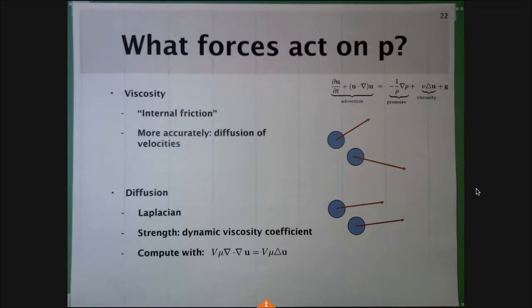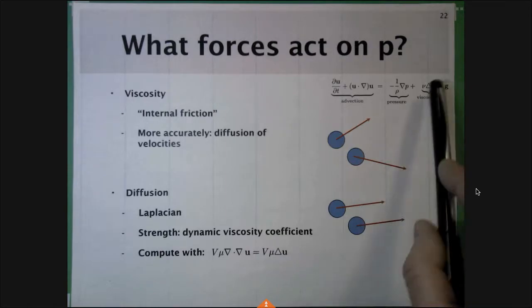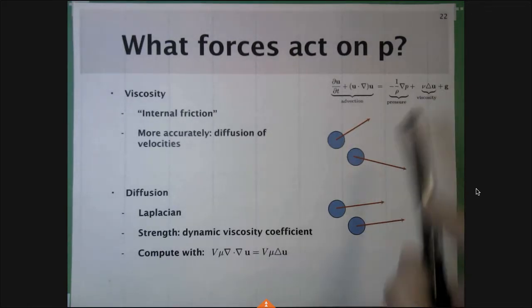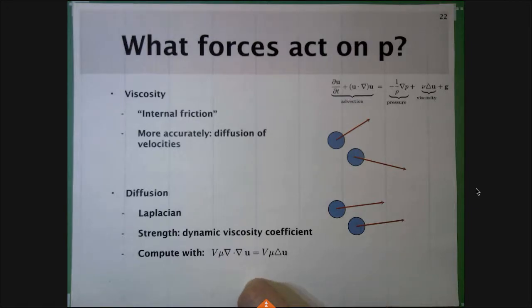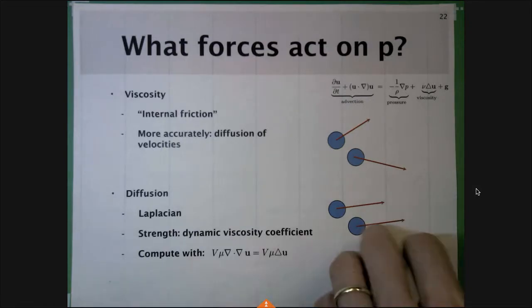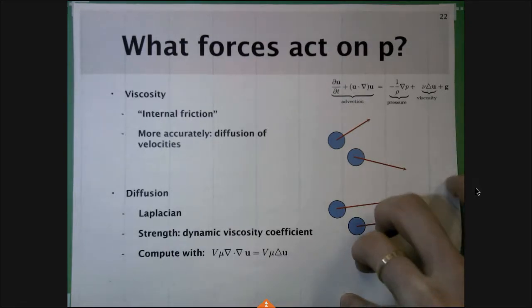This is exactly captured by the Laplacian, and the viscosity coefficient, this nu, tells us how strong that effect is. It turns out that we typically don't need the viscosity so much. Well, that's not true that we don't need damping, but there will be some artificial numerical viscosity, so this term is less critical than the remaining ones, because even if you don't put it there, it will still work quite well.